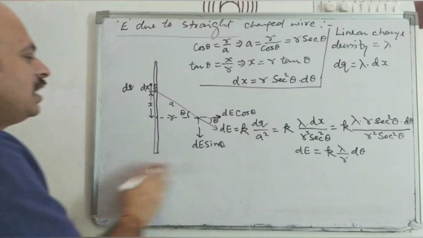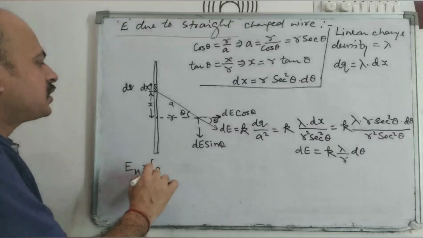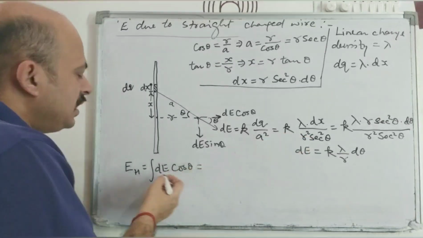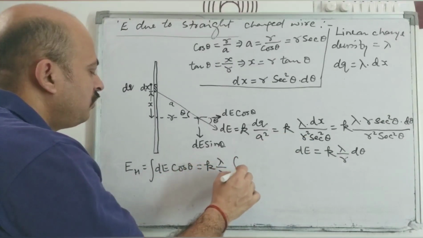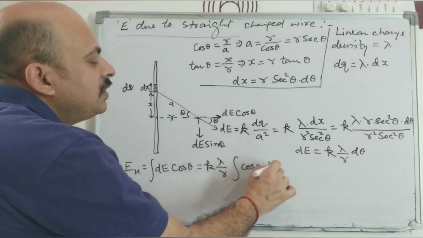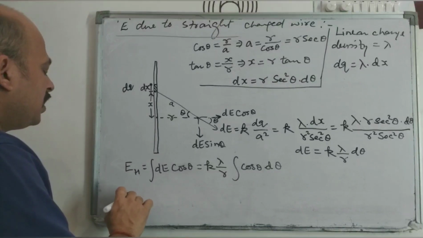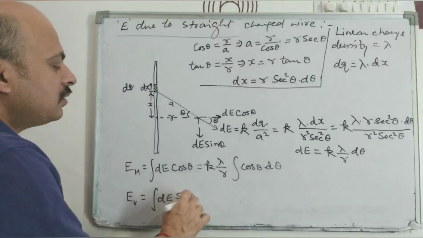The horizontal component, E horizontal, is equal to the integration of dE cos theta. Take that dE here: k lambda upon r, integration of cos theta d theta. Similarly, E vertical can be calculated as the integration of dE sin theta.